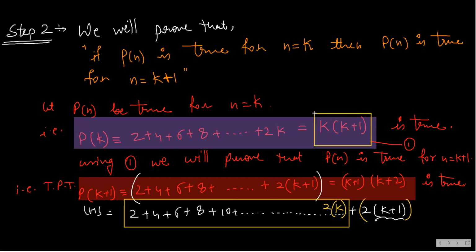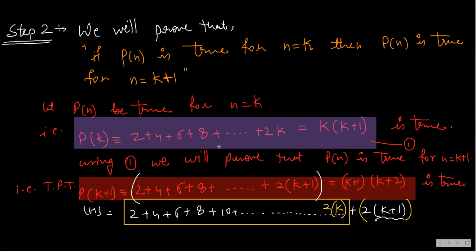The value is k into k plus 1. It is true. We have assumed it. We have assumed that P of k is true. And under that assumption, 2 plus 4 plus 6 plus 8 plus dot dot dot 2k is k into k plus 1. So for this here, I will write k into k plus 1.